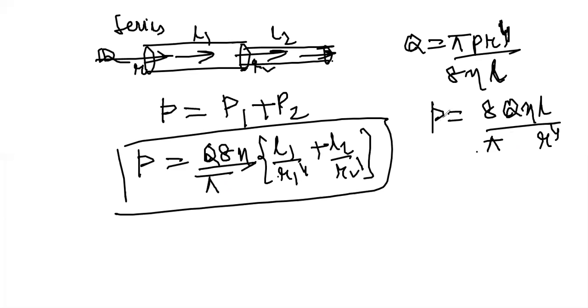This is the total formula. So here you are getting P equals 8 eta Q, and over here pi R to the power 4 is in the denominator. I just equated this pressure and got this value. So this is a very, very important relation.